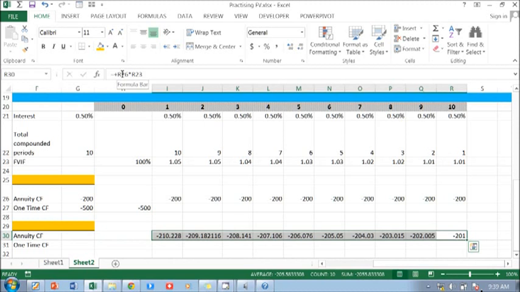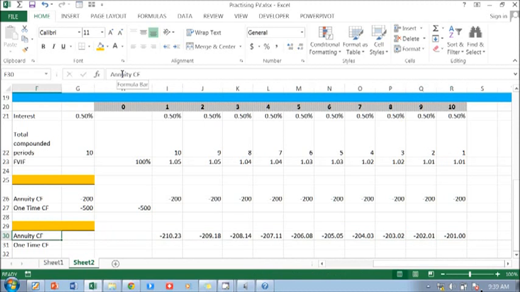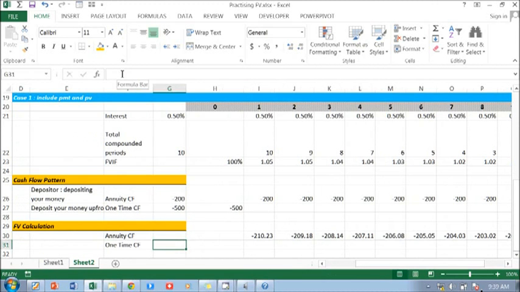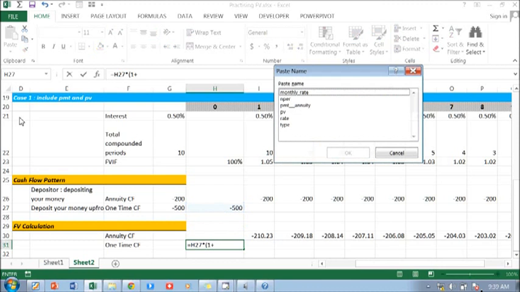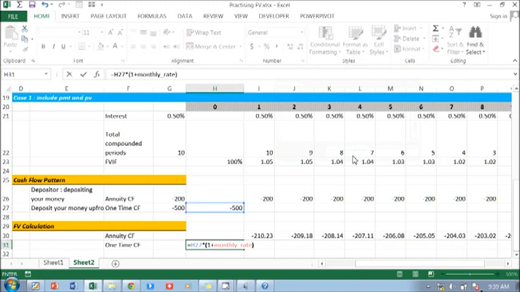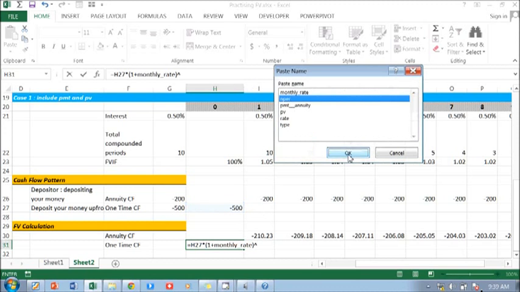Okay, and then the one-time cash flow is a 500 upfront. It's 10 times compounded. Okay, your monthly rate, and then you raise it to the power of your NPER.